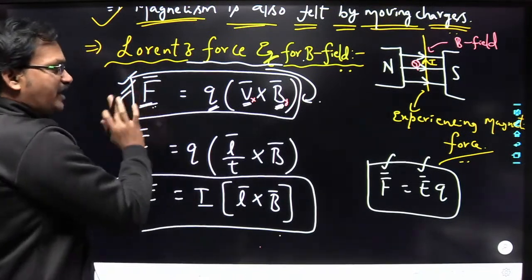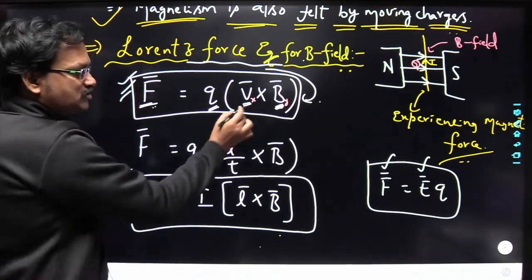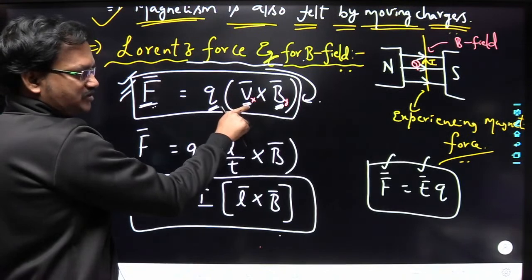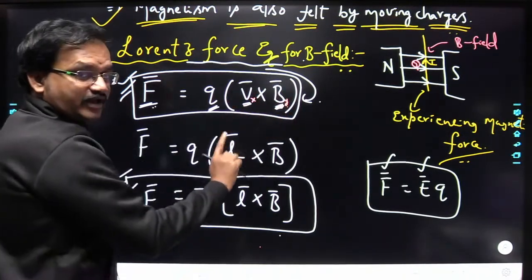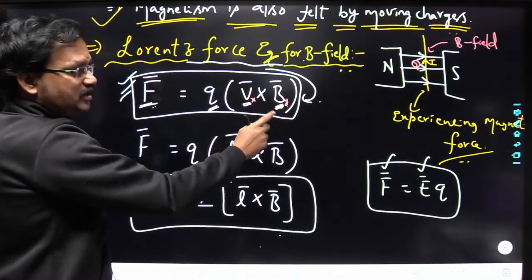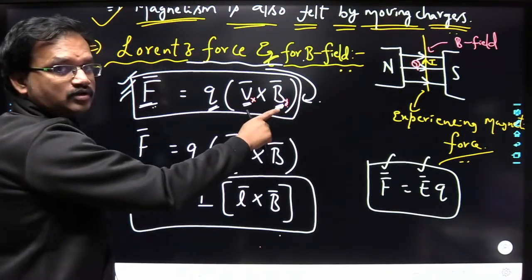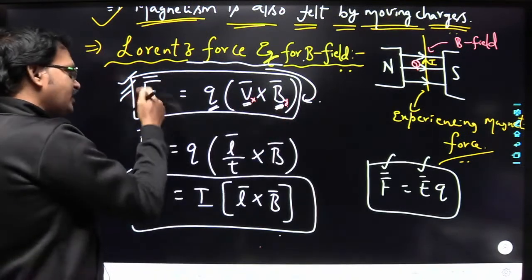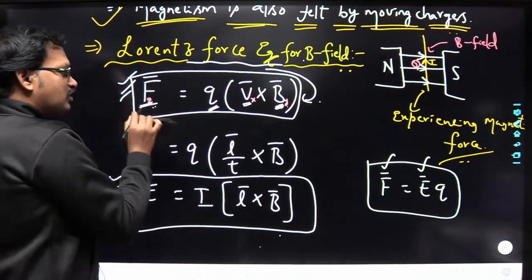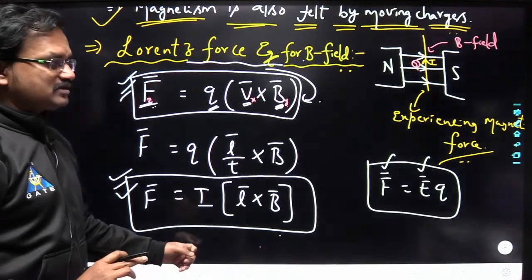Then what is the direction of the force? If you do the cross product, ax cap cross ay cap, you get az cap. That means the direction of the force will be in the z direction.